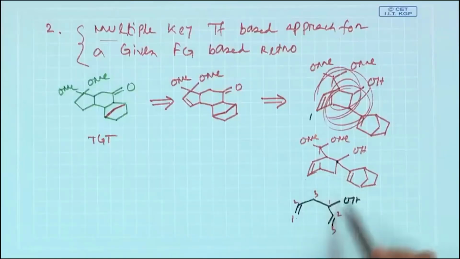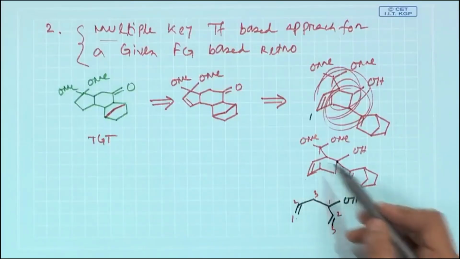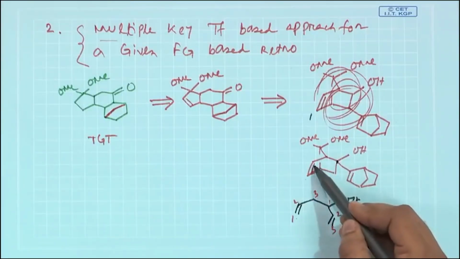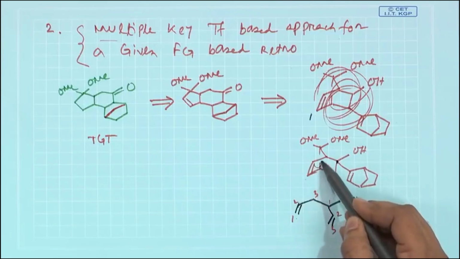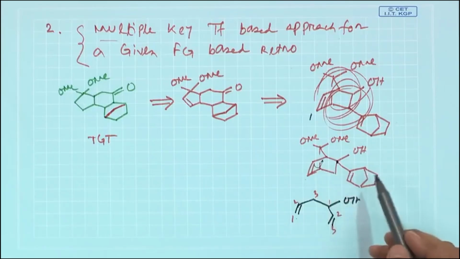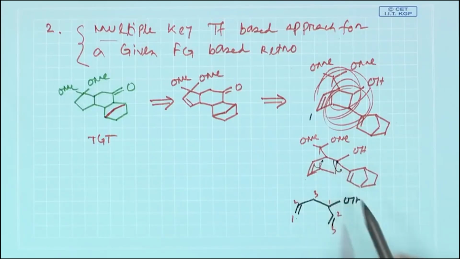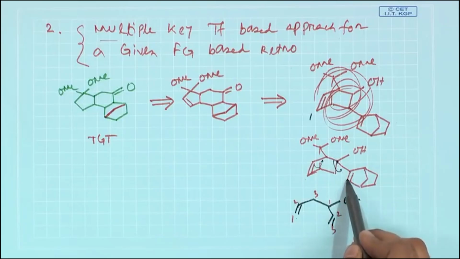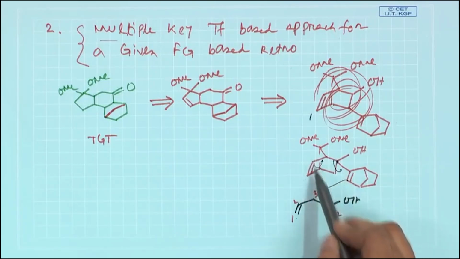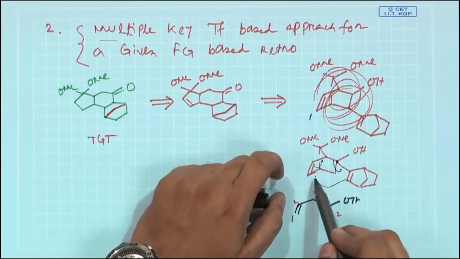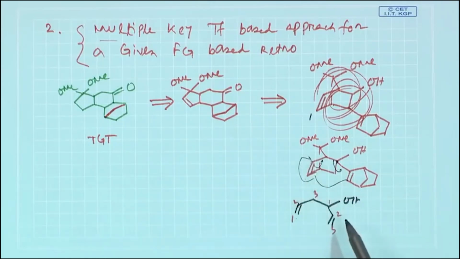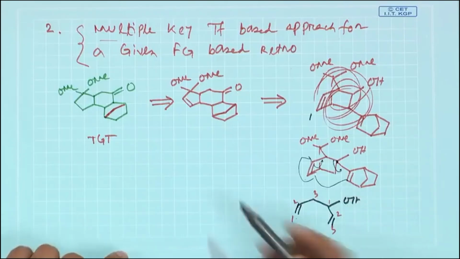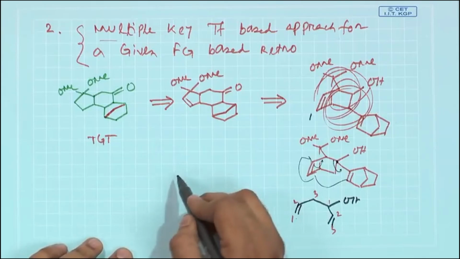Now, once the transformation is done, what we do is you come here, okay, and then this comes here, and then particularly this comes there on the back of this bond. So, this particular visualization is a little bit difficult until and unless you are quite sure.